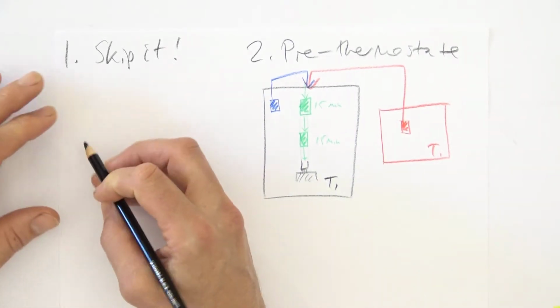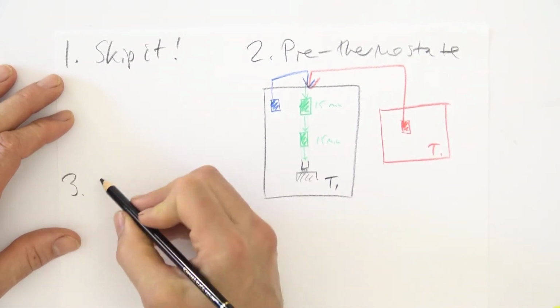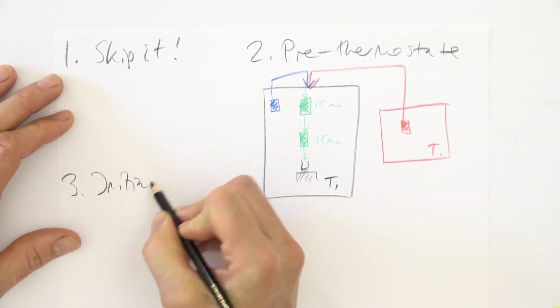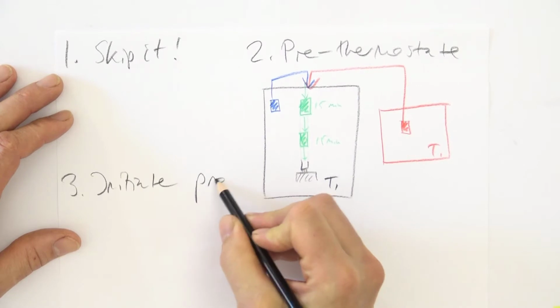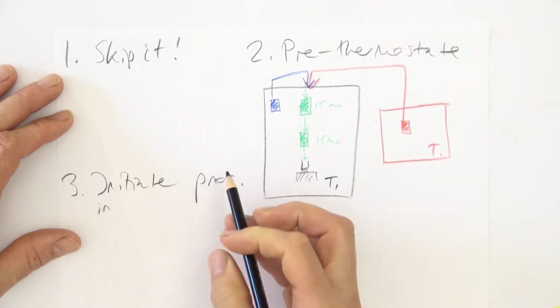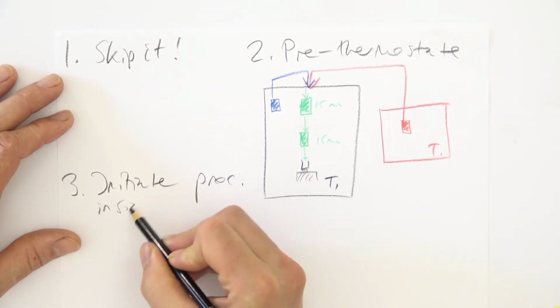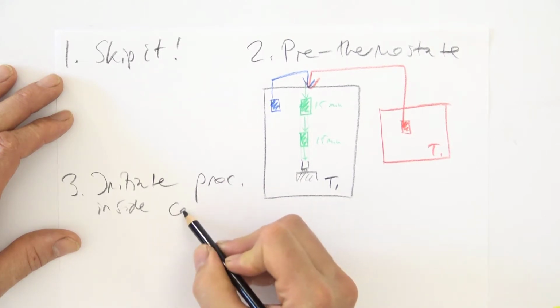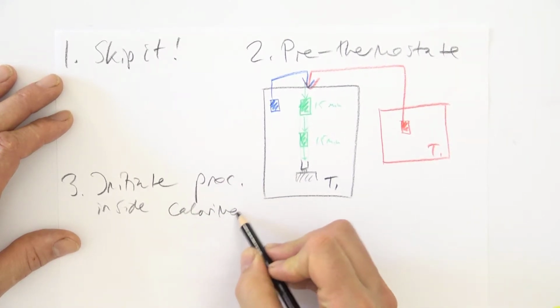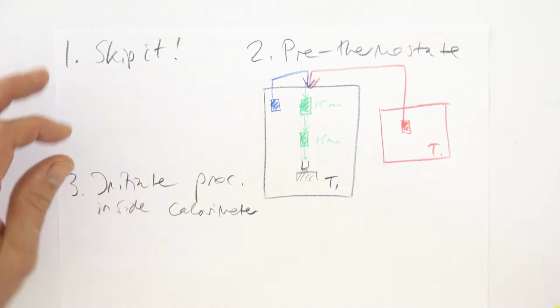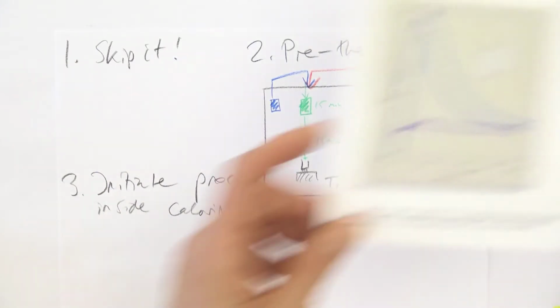And then we have number 3, and that is to initiate your process inside the calorimeter or inside the vial. And I will show one example where that has been done.